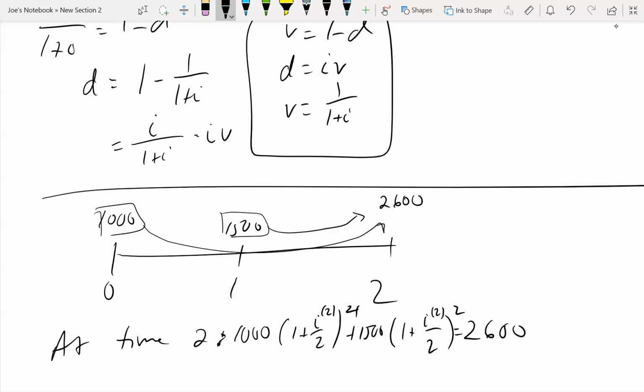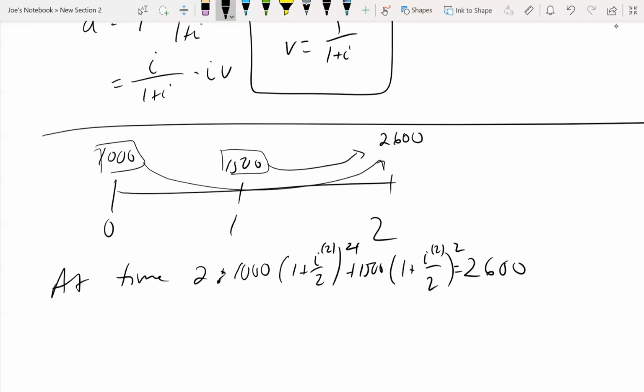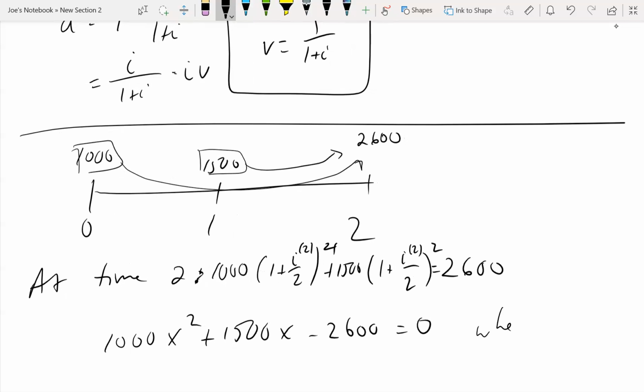Yep. All right, so this is what I was mentioning before about recognizing quadratic equations. This is another quadratic equation, right? In fact, what I would probably do, if it were me solving this, I would first write this as 1000x squared plus 1500x minus 2600 equals 0, where x is (1 plus i2 over 2) squared.